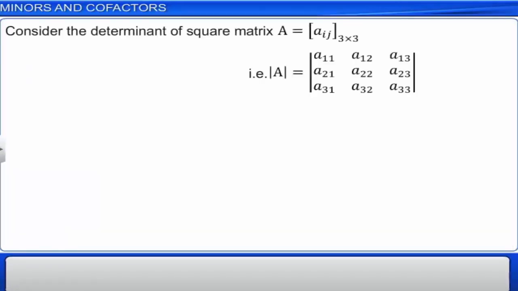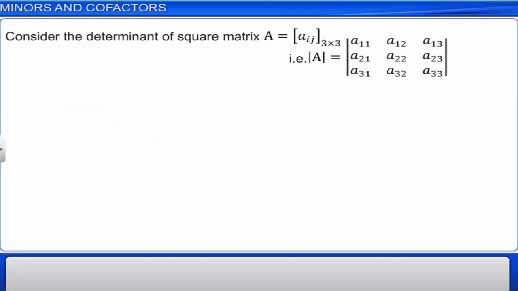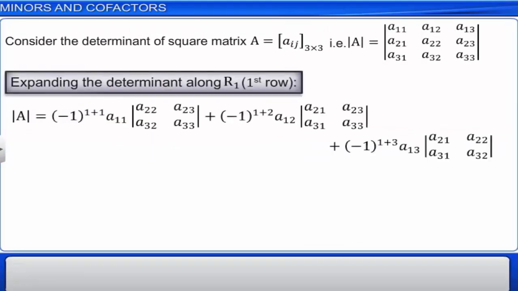Consider the determinant of a 3 by 3 square matrix A. It can be determined by expressing it in terms of a second-order determinant. So far, you have learned that the expansion of a determinant of order 3 can be done in 6 ways, each corresponding to the 3 rows and the 3 columns. Here, the expansion of the determinant is along the first row.